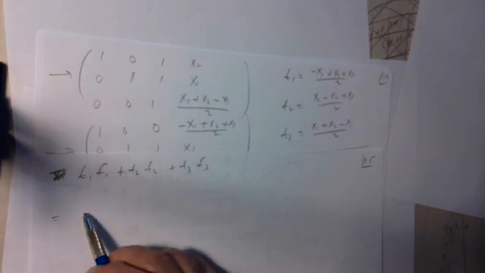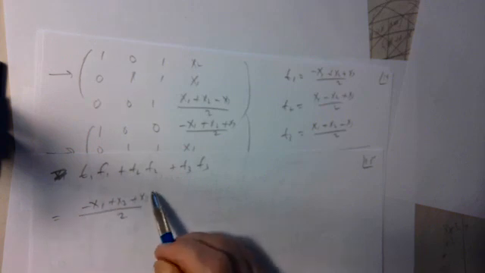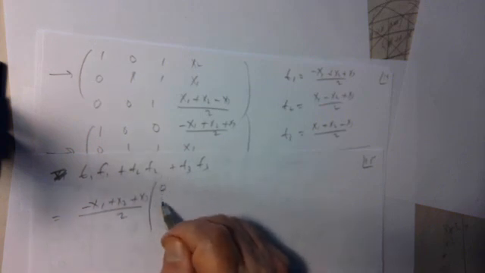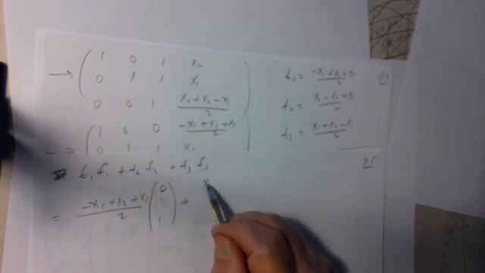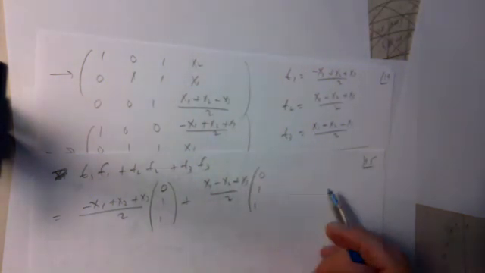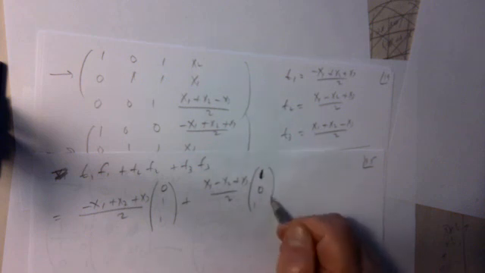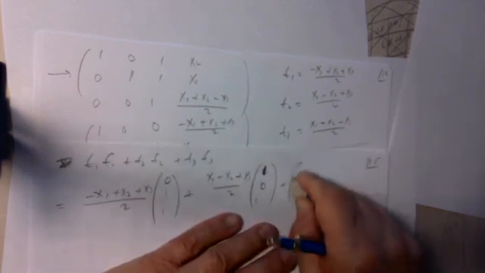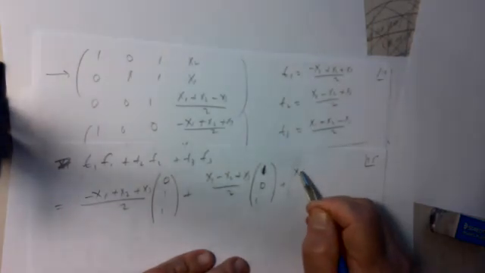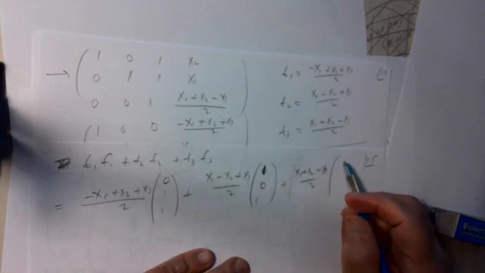So this is minus x1 plus x2 plus x3 over 2, just a number, times the vector (0, 1, 1), plus x1 minus x2 plus x3 over 2 times the vector (1, 0, 1), plus x1 plus x2 minus x3 over 2 times the vector f3, which is (1, 1, 0).